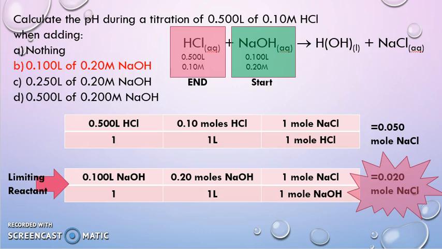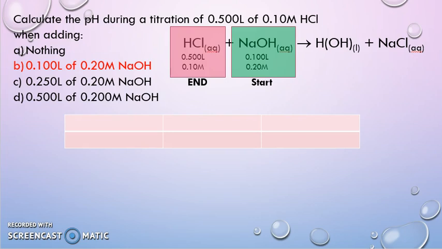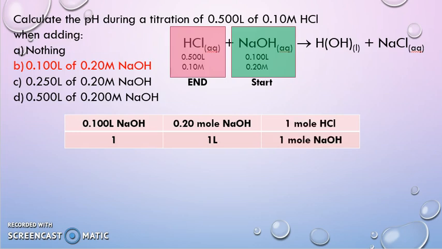Now it's really well and good that my HCl started off as 0.10 molar, but I've used some of it up, and it's no longer 0.10 molar. My pH has changed. I'm going to need to know its new adjusted molarity. So that's a stoichiometry problem. Let's start with the NaOH and end with HCl, so I can figure out how many moles of it I've used. So let's start off with that 0.1 liters of NaOH, convert it to moles using its molarity, and apply my mole-to-mole ratio.